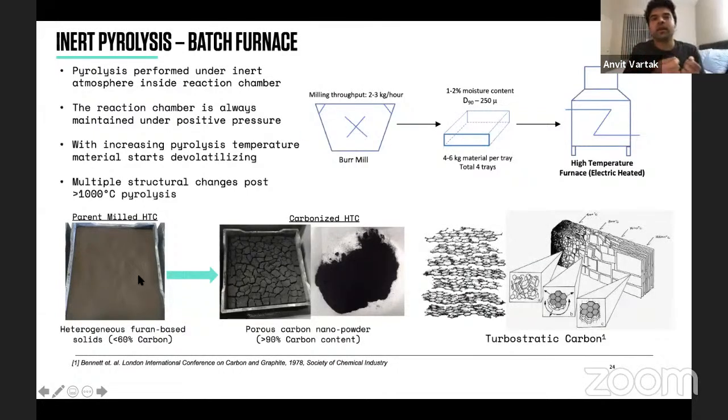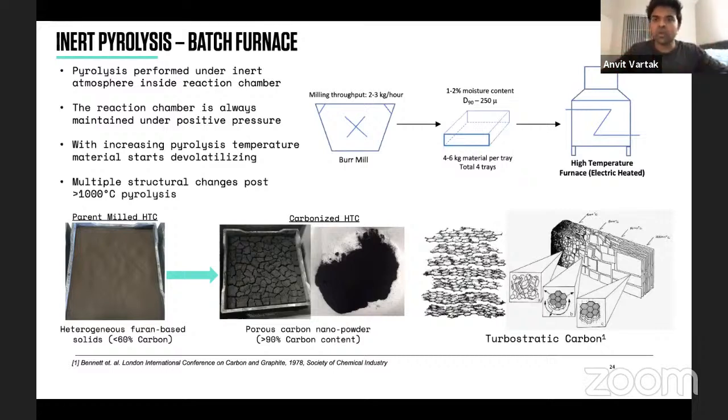You close the fire triangle, you start burning your material, and you're left with nothing. All your material is just burnt off. So that's why you need to maintain an inert atmosphere, using gases like nitrogen, argon, or any other inert gases you have available.